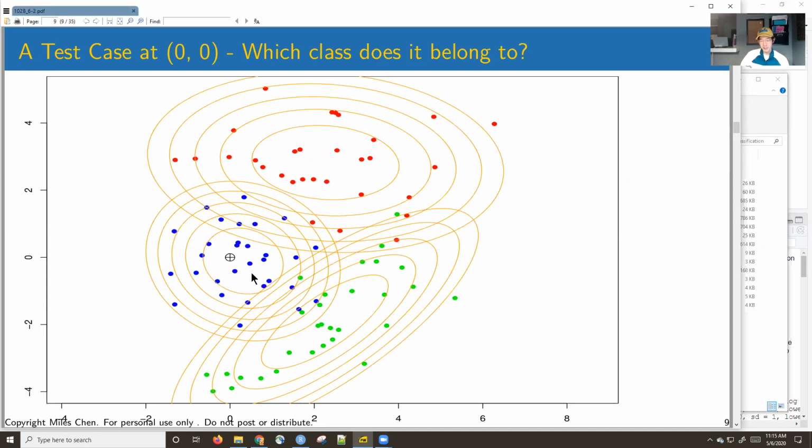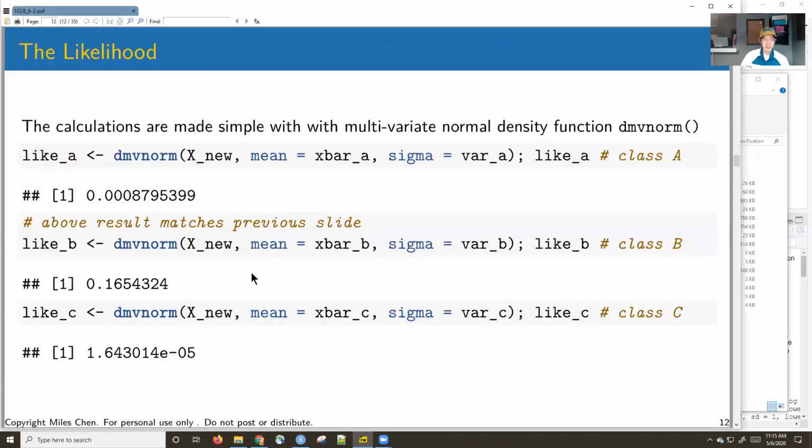And what's the likelihood of getting this if it's coming from the blue distribution? That likelihood is a lot higher, around 16%. And what's the likelihood of getting the observation if it came from class C, the green distribution? That's the smallest, on the order of 10 to the minus 5. So our likelihood numbers match our intuitive sense.